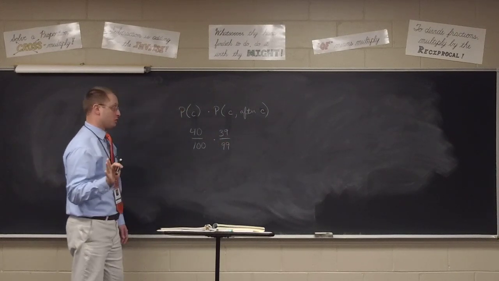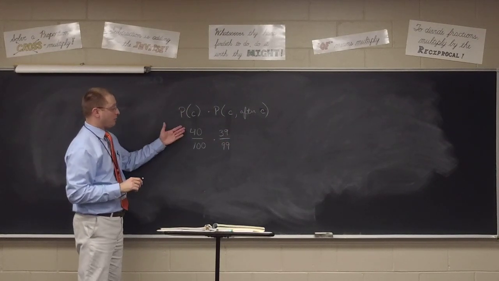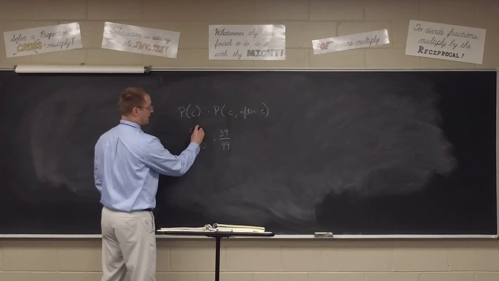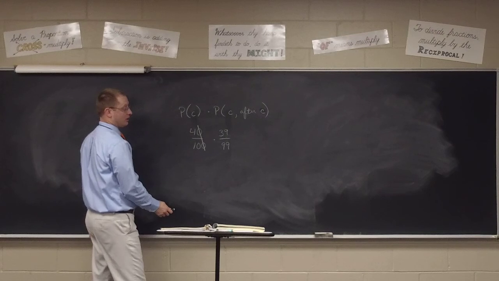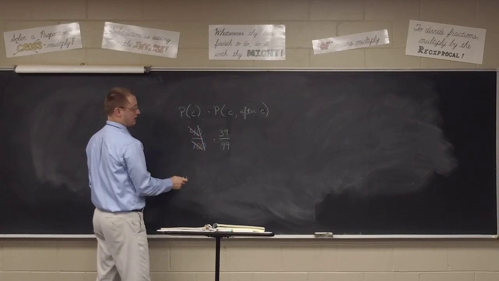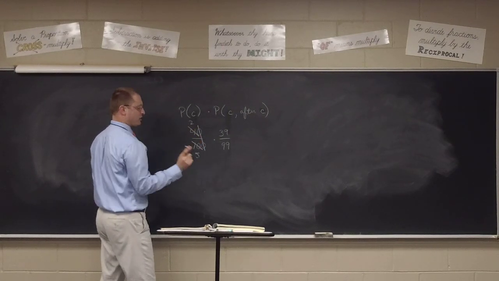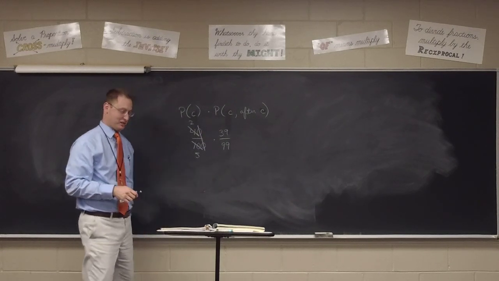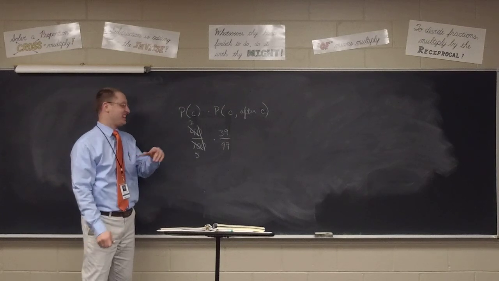Now we can do a little reducing here. What could we knock out of the 40 and 100, for instance? The first 0. Right, knock out the zeros, and then we can also knock out a 2 from both to get 2 to 5. And there's something that we can knock out of the 39 and 99, but you can't just knock off the 9, of course. A 3.